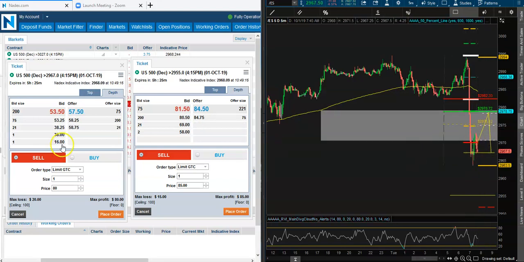Okay? But let's look at it now. Remember, the first trade we got short at 66, correct? When we were up here. Well, right now we're down to that 67 level, and we could buy this back for $56 now.